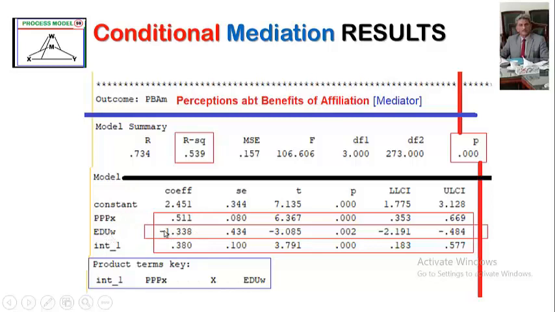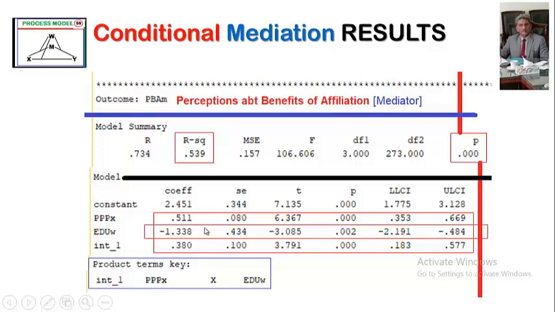Second, education. It is also significant with a huge coefficient score. T-score is 3.08, greater than 1.96. P-value is also significant, far less than 0.05. And both the upper and lower limits of confidence interval have got minus signs, therefore no chance of zero in the range.